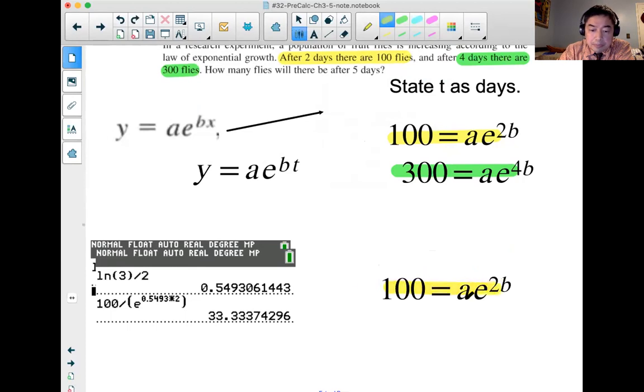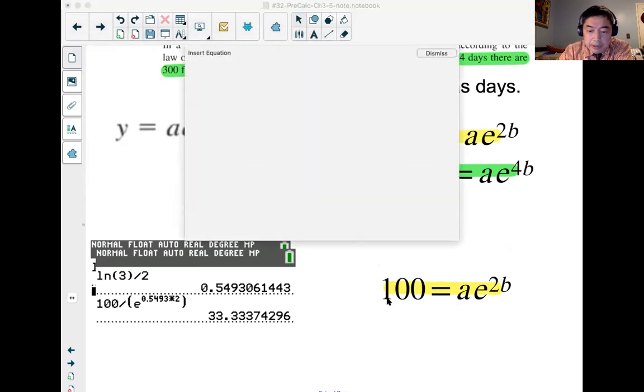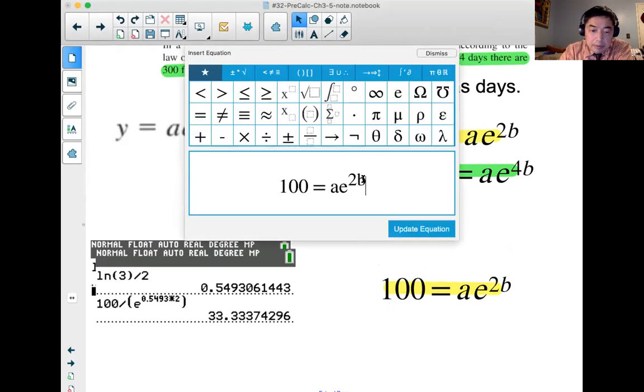It's going to be a different expression, but it's the same formula. So e to the second power b is going to be the denominator. So e is here, second power, and b.